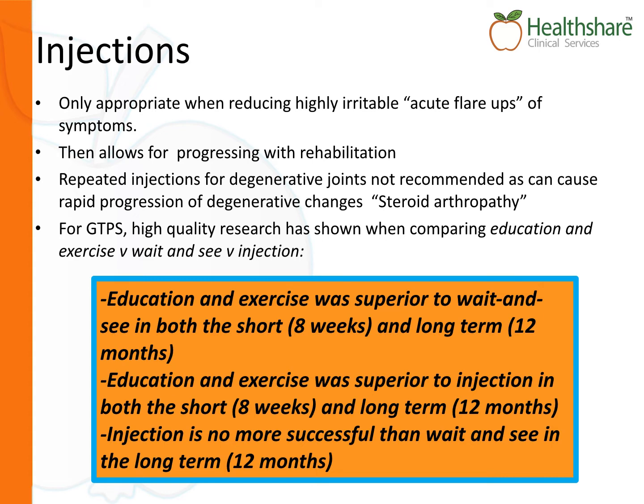So at 12 months, if you decided to just see how you were, you'd have been better off having education and exercise. The next group was comparing education and exercise to a group that had an injection, and in the short and long term, education and exercise was superior. And essentially, an injection was found to be no more successful than wait and see in the long term.